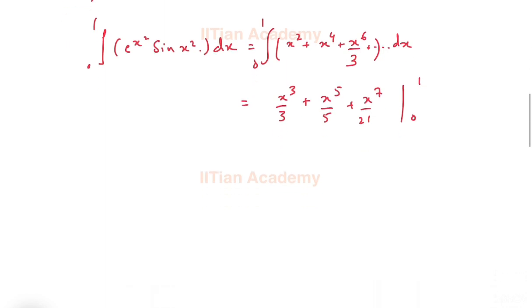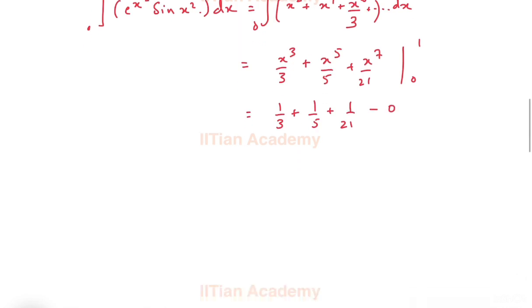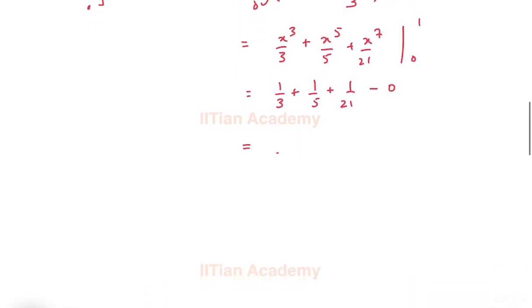So this will be 1 by 3 plus 1 by 5 plus 1 by 21 minus 0. So adding all these we get 105 in the denominator. This is 35 plus 21 plus 5. So what we get is 61 by 105. So this is the value of the second part.